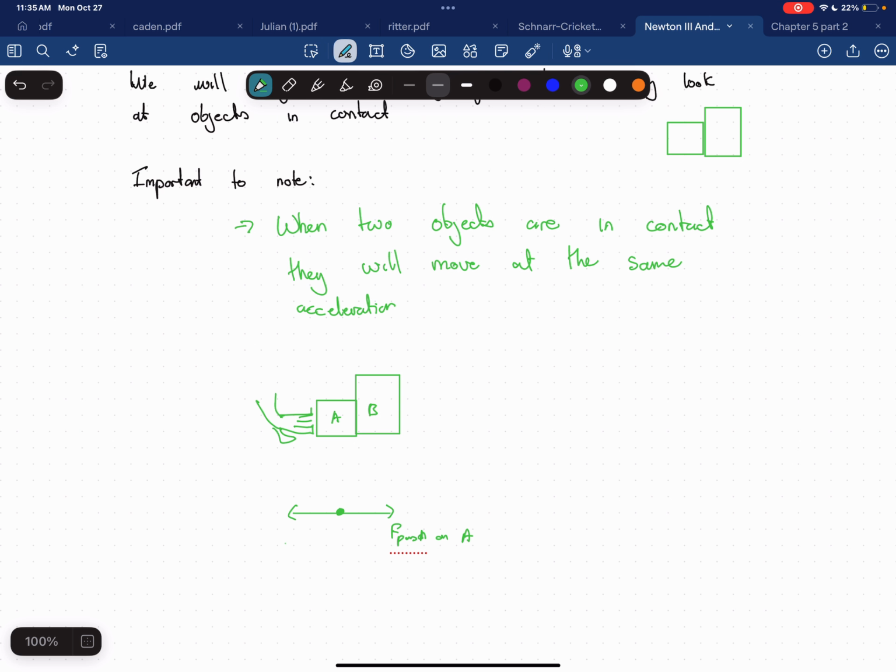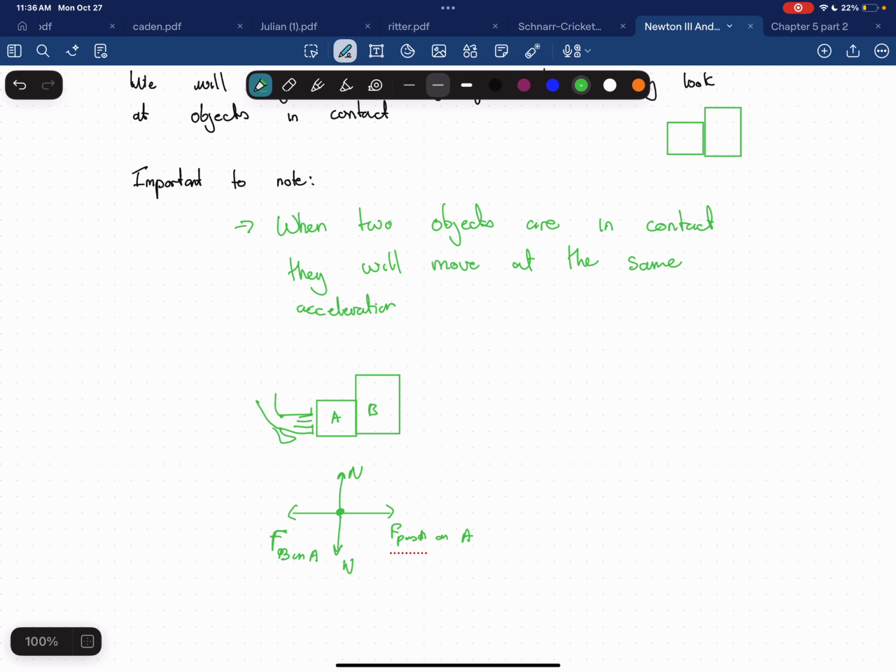I have the force of B on A, because B is also exerting a force on A as we push it. I also have my normal force, and I also got my weight force.